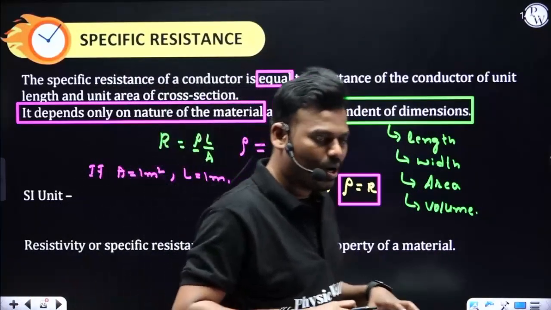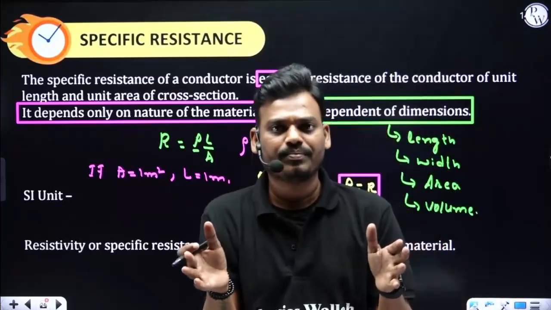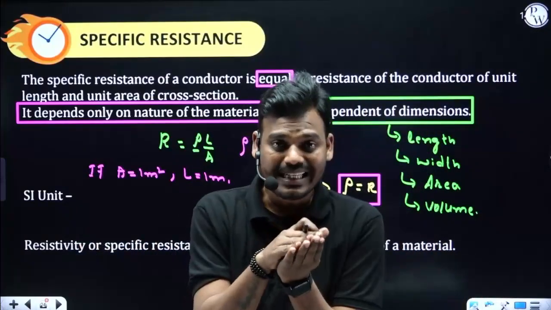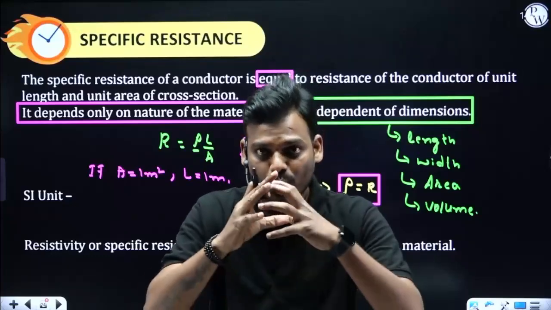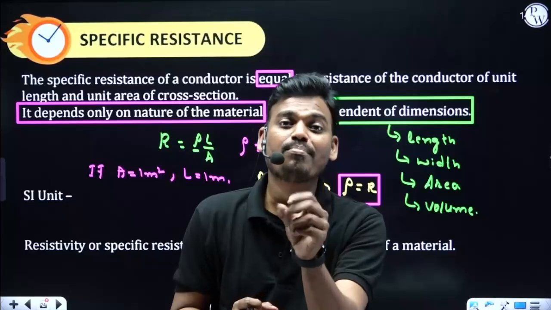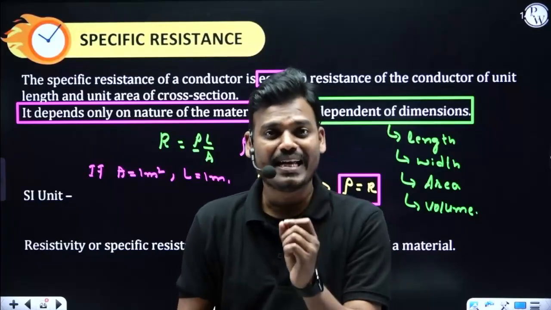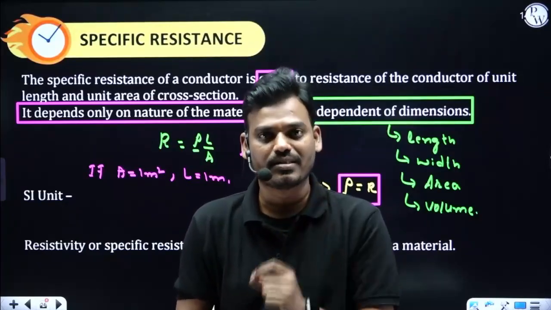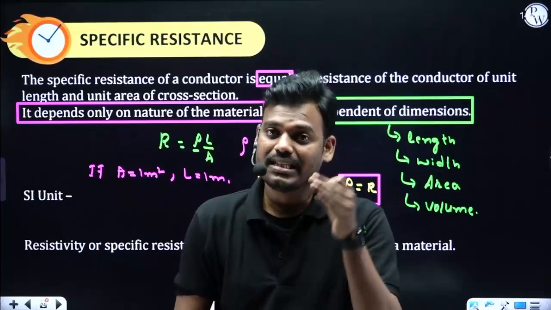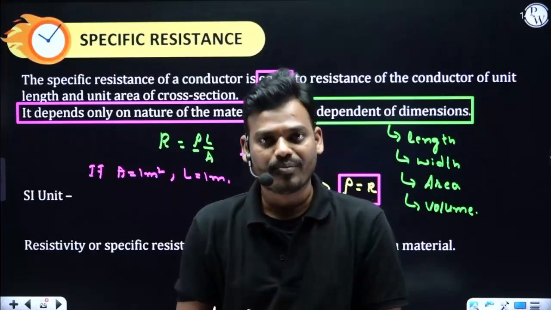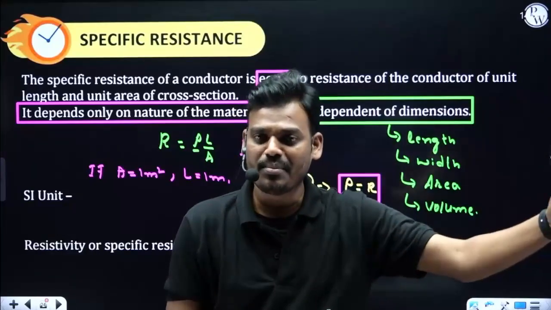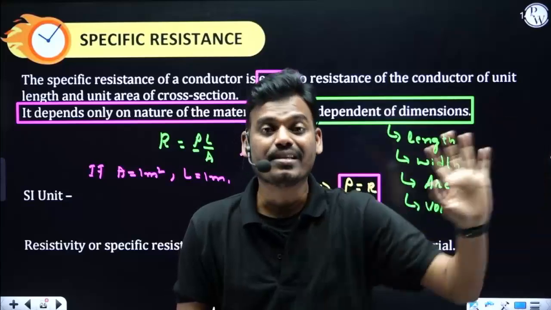It does not depend on the size of the conductor, or the length, or the thickness, or the volume of the conductor. Ultimately, it depends on what type of material it is. So that indicates resistivity or specific resistance, and this is different for different materials. For copper, iron and aluminium, everything is different from each other.